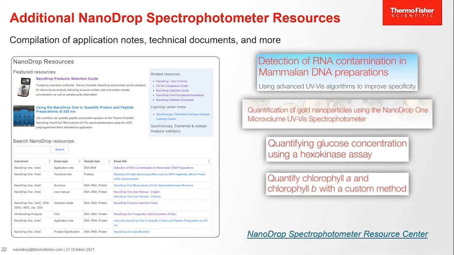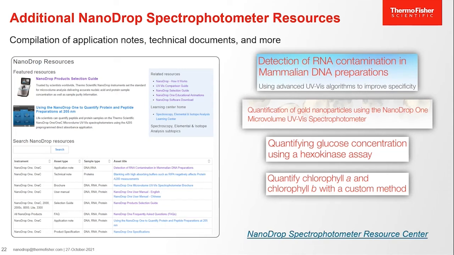A screenshot of that resource center is on the left-hand side. You can use the search bar to look for your application note of interest, or if you're looking for a particular user manual or some other documentation, this is a great resource. I've called out 4 of our more common or more interesting and recent application notes. All of those images are also linked to the PDF.